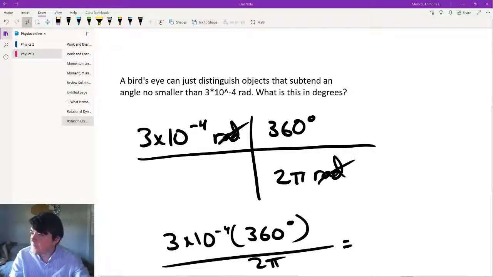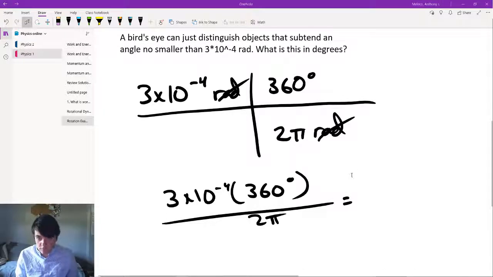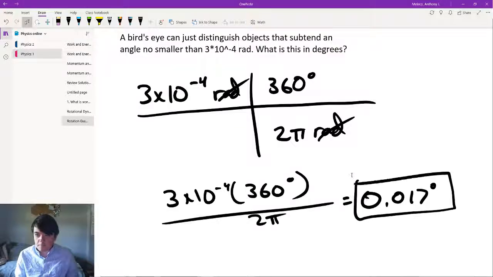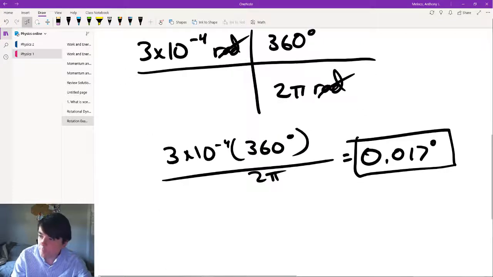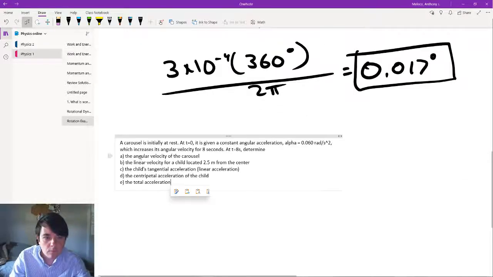What we get is a relatively small number, 0.017 degrees. Okay, that is really small. So birds have pretty high resolution, or this particular bird does. That's pretty much how all unit conversions work. As long as you know the conversion factor, you're usually pretty good.